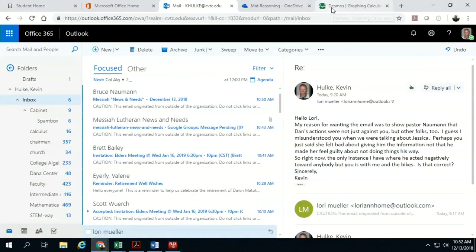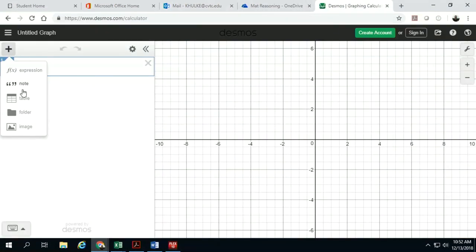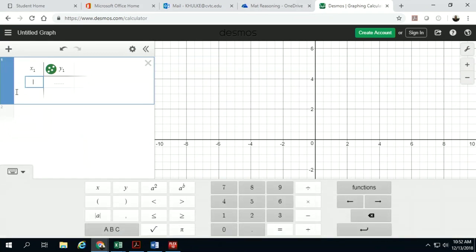When you go to Desmos and you graph it, I'm going to put in a table where I have 0.037 goes with 4.982.